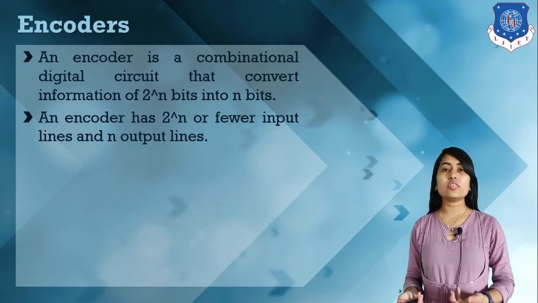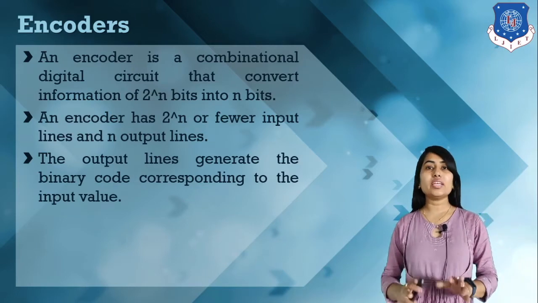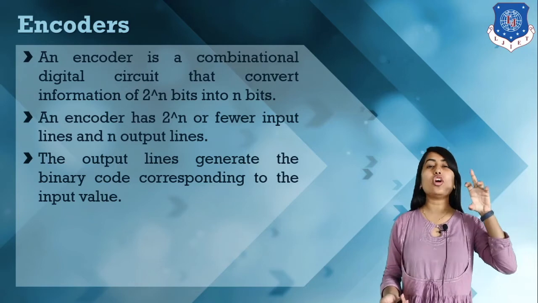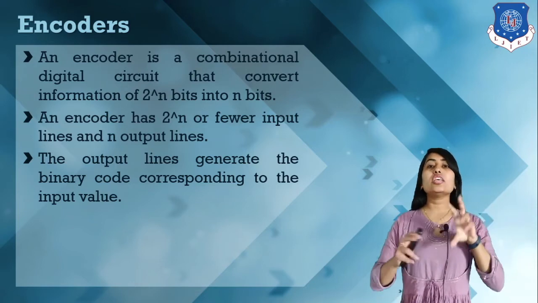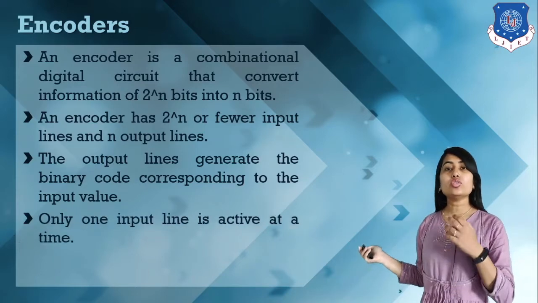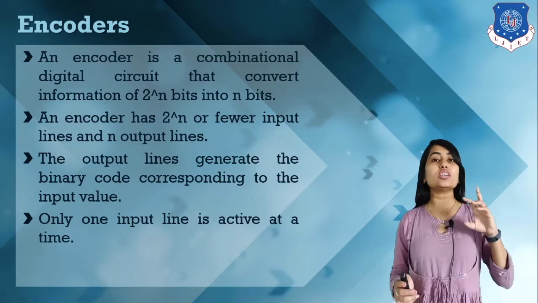That means here we have encoded bits. This encoder converts our data of 2 raised to n or fewer data into a maximum of n bits. And here, only one input is high at a time.